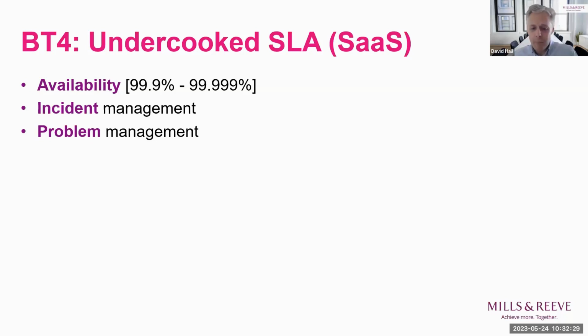And just to underline that point, look at how much simpler the model is for a software as a service SLA. You've got 3 simple items: availability, incident management, problem management. That's it. We want the SaaS to be available when our users need it. That's really all that we want.